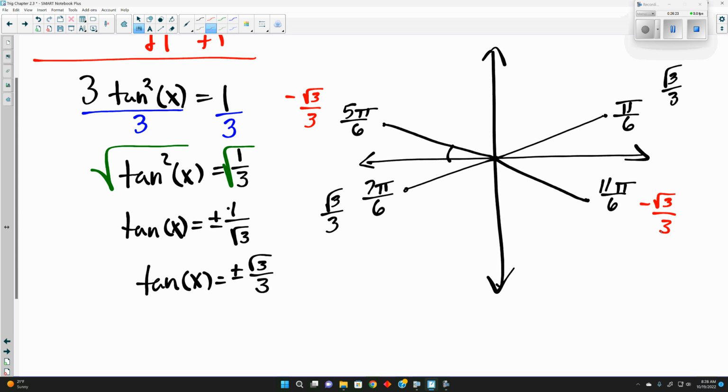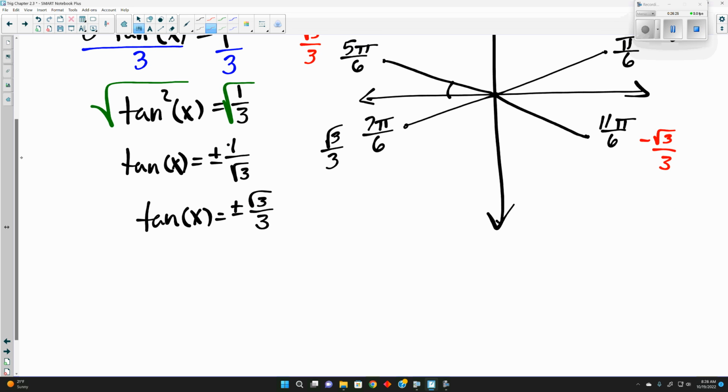So what we could say is that the answer for this here is that x is equal to pi over 6 plus 2 pi n. X is equal to, I'm going to order these, it's going to seem a little weird, but it'll make sense here in a minute. 7 pi over 6 plus 2 pi n.